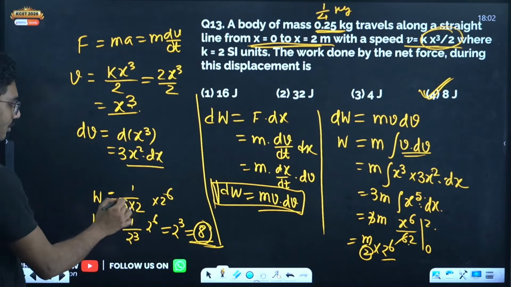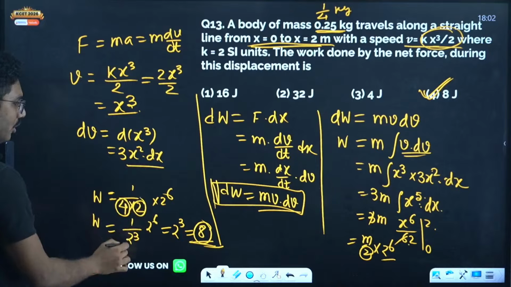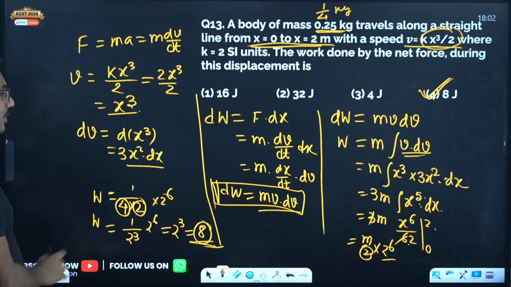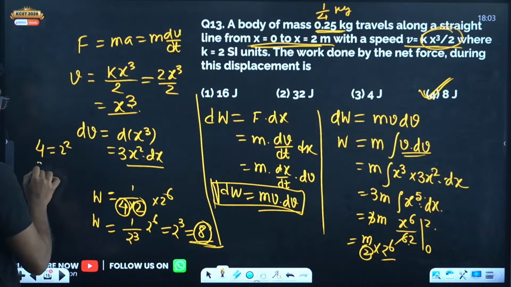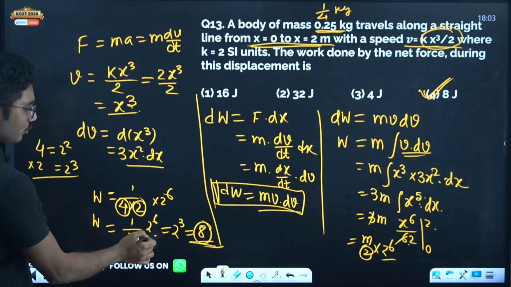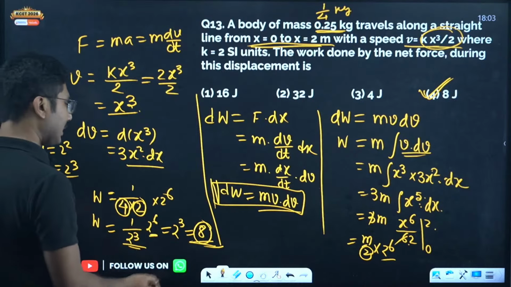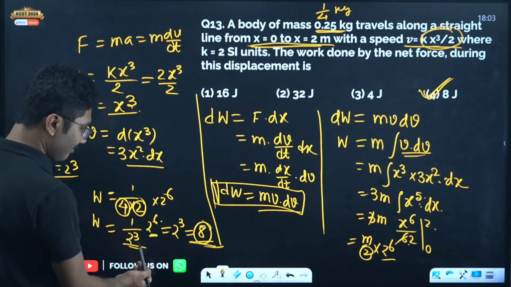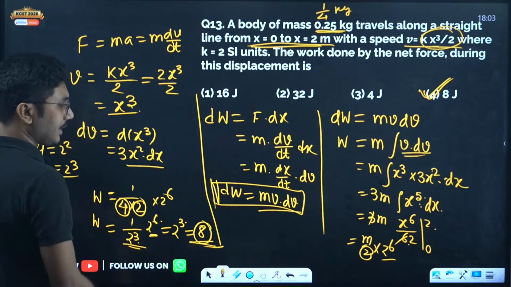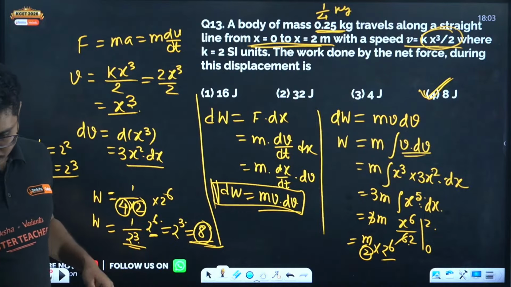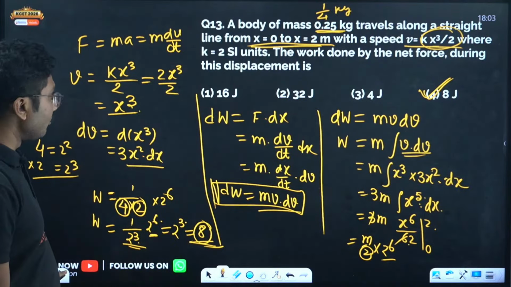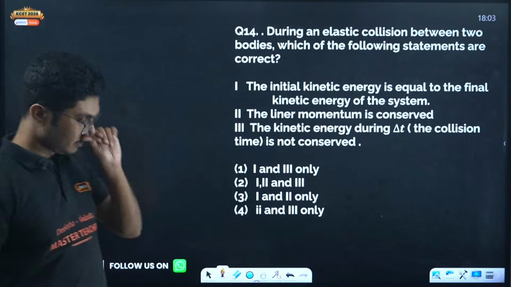So 1 by 4 into 1 by 2, that means it will be 2 to the power of 3 in the division. 4 means 2 square, you multiply with another 2, you get 2 cube. So 2 cube in the division, 2 to the power of 6 in the numerator. So it will be 2 to the power of 6 minus 3, that is 2 to the power of 3. 2 to the power of 3 means 8. Okay, not 4. Now what about this question?